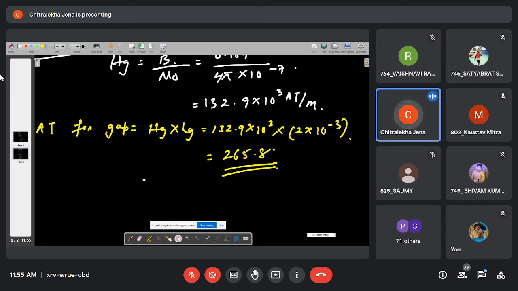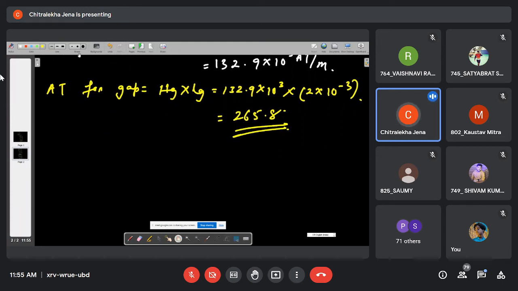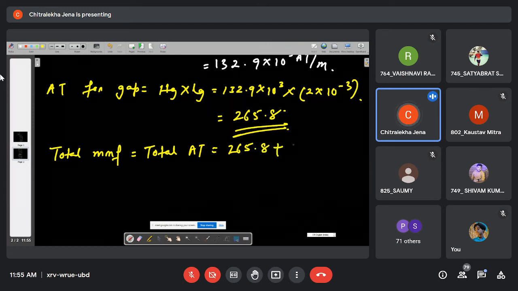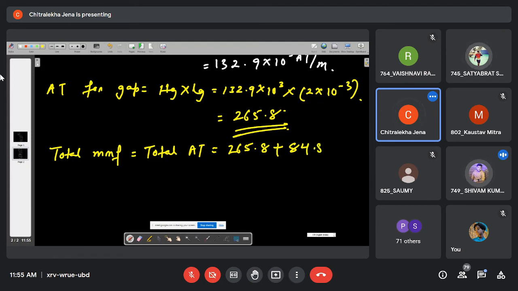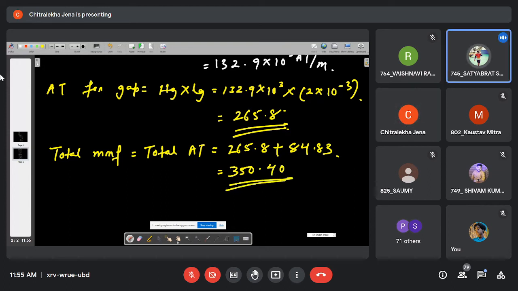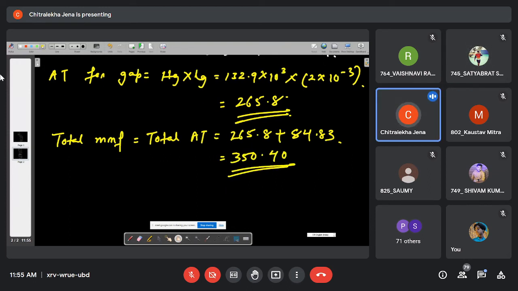So what will be your total ampere turns? Total MMF is equal to the total ampere turns. This will be 265.8 plus the iron one, which was 84.825, so 350.40. This much is your ampere turns.